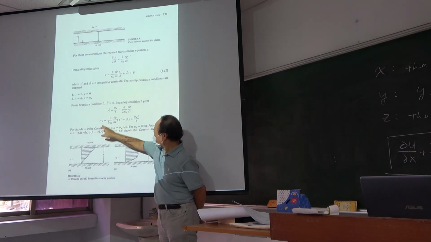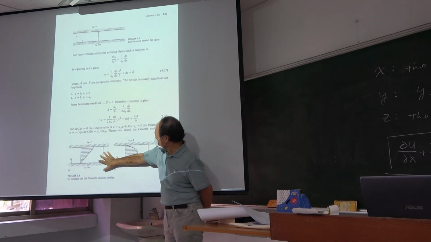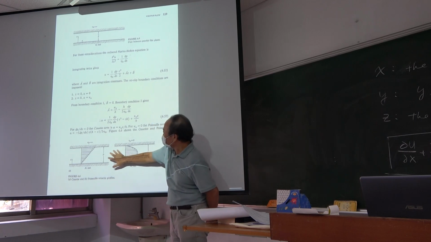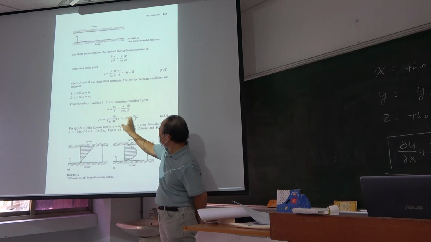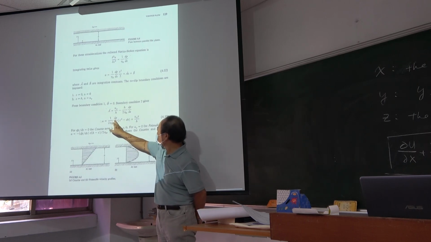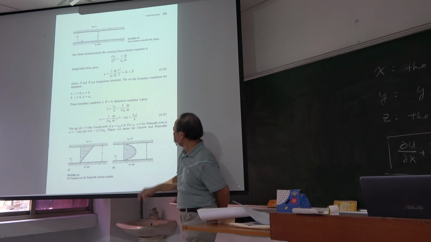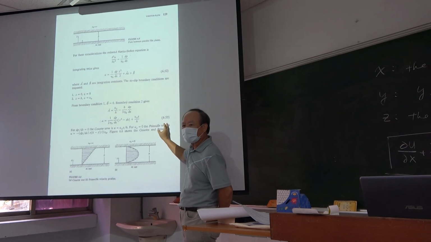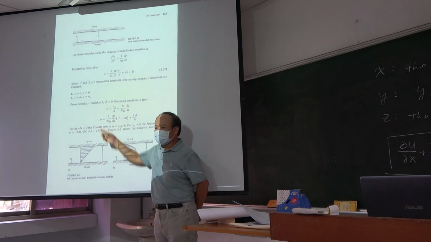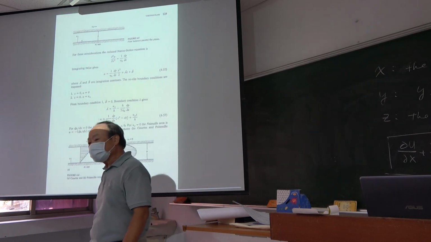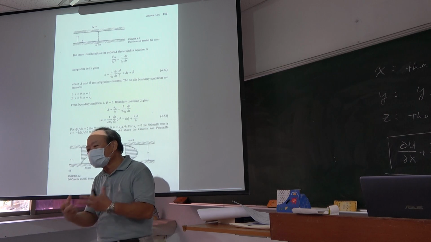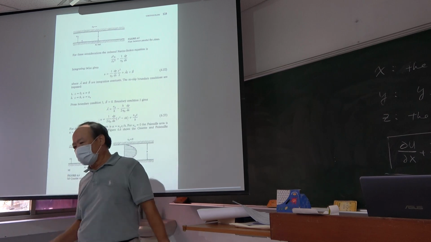Let us look at this equation. This u is the local velocity in the x direction. It has two terms. This term is related to dp/dx, which we call the Poiseuille flow. We have u, which means that we have a flow motion. So how do we make the flow move in one direction?